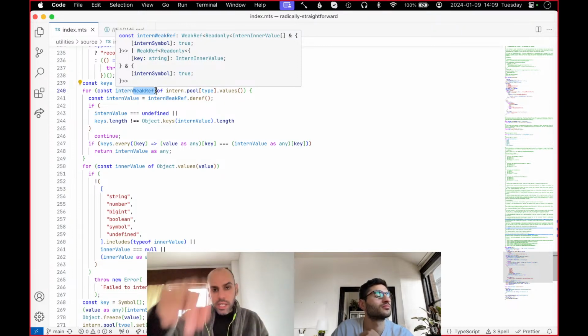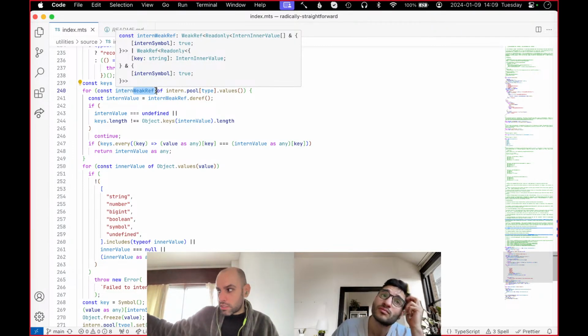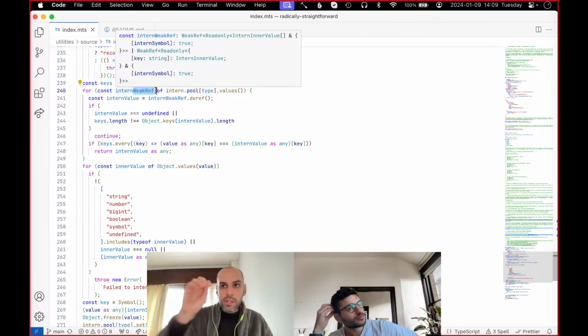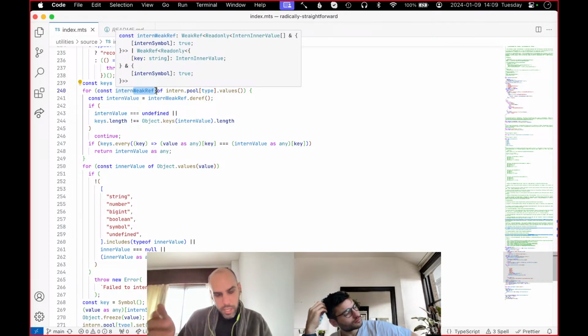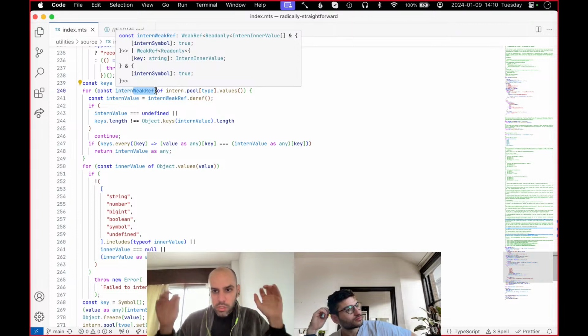So you put the thing in the box, and if there are other references to the thing, you are guaranteed to be able to get the thing out of the box. But if the only reference in the program to the contents of the box is the box, the weak ref, then the garbage collector may get the thing and collect it. So you would look in the box and now there is nothing there.